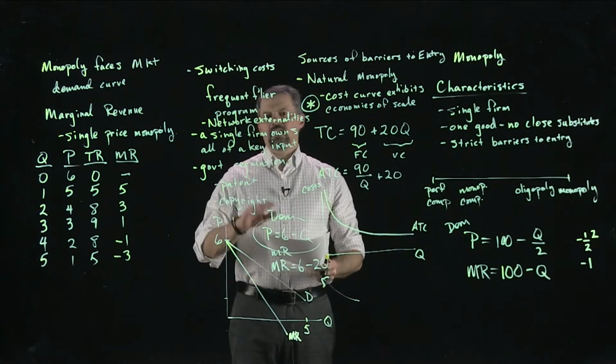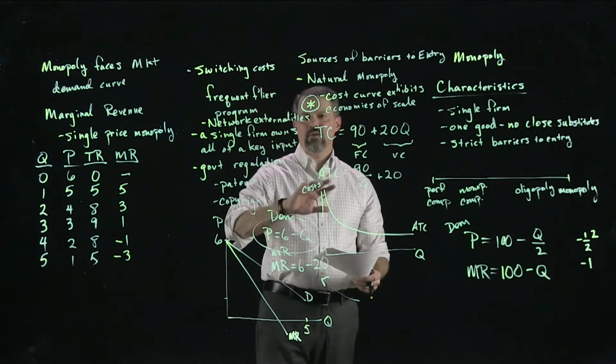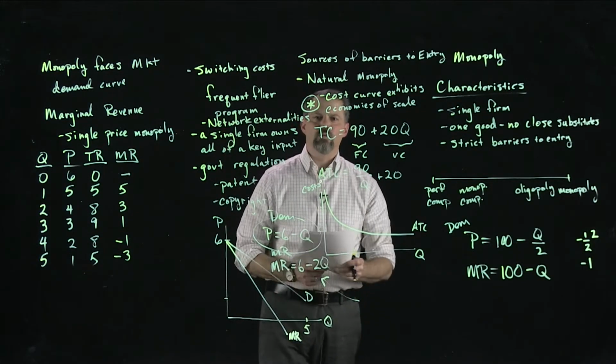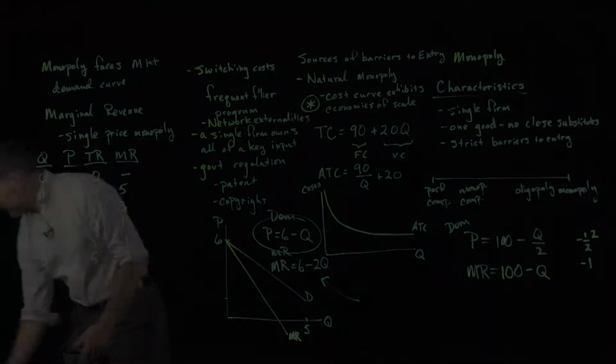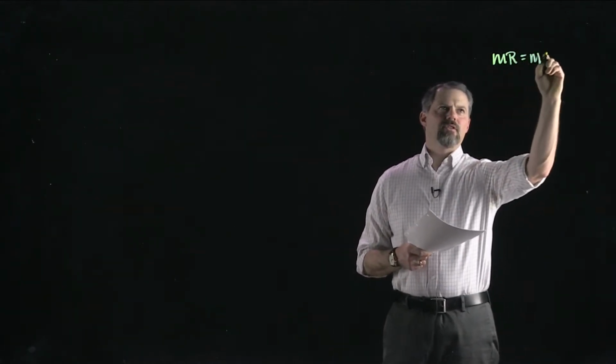So now let's talk about profit maximization for a monopoly. So I'm going to clear this off and then we'll review what the picture of profit maximization looks like. So a monopoly is going to, just like every other firm, produce the quantity where marginal revenue equals marginal cost. And I probably said this in the perfect competition chapter.